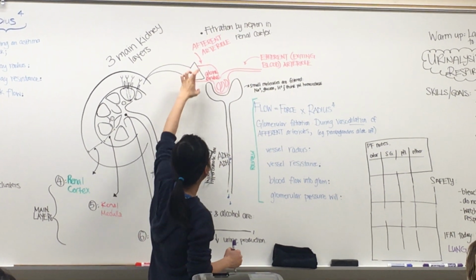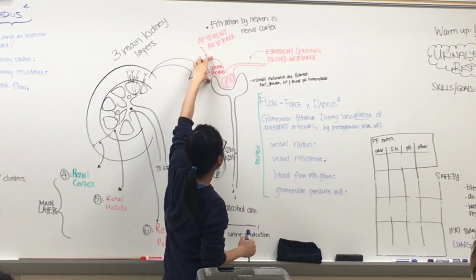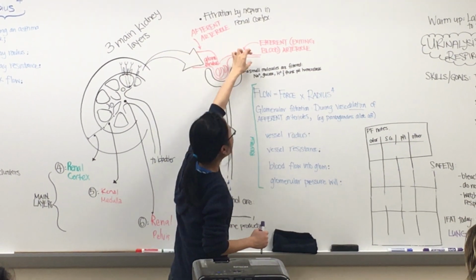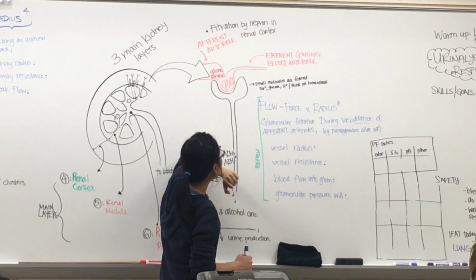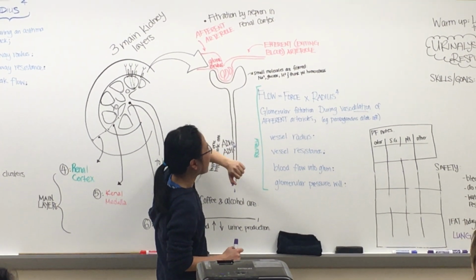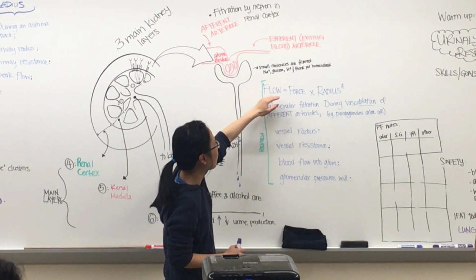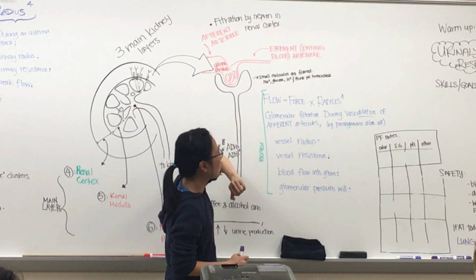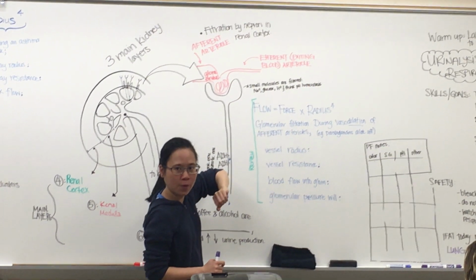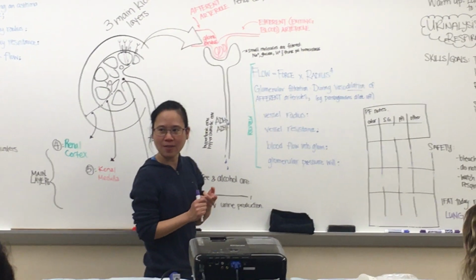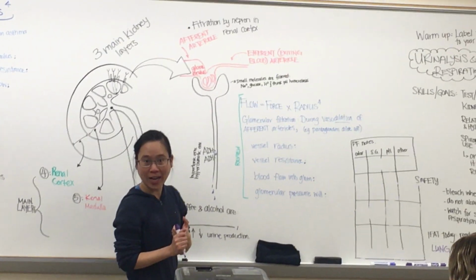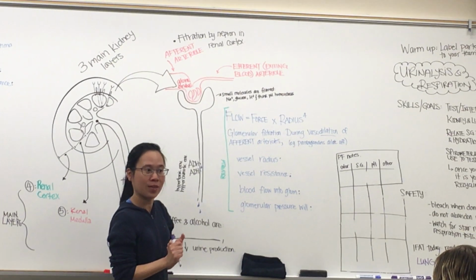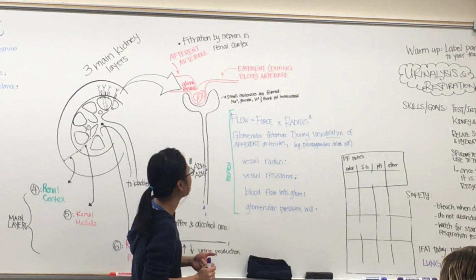Okay? So the afferent arteriole is actually bigger in diameter than the efferent arteriole. So I'm not going to talk about why this is right now, but I do want you to be thinking about it and thinking about this equation. Flow is equal to force times the radius to a power of 4, and it's an equation that has popped up before, right? We saw it when we did the cardio lab, right? What happens when you have arteriosclerosis, for instance.